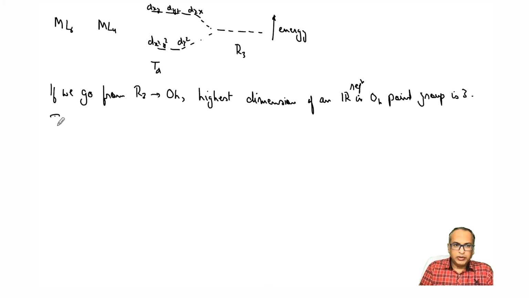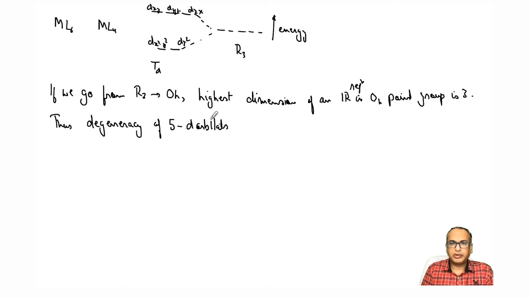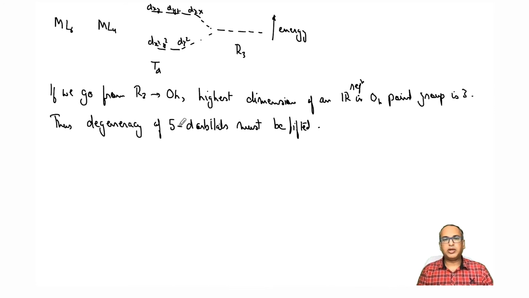So thus we can say the degeneracy of 5 d orbitals must be lifted. That must happen because those 5 orbitals cannot form a basis for an IR representation which has dimension 5. So the maximum dimension is 3. So d orbitals can only make a basis for up to a dimension of 3, and that's how it gets broken up into 3 and 2.